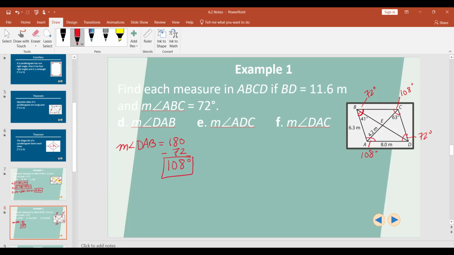ADC is the opposite to angle ABC. So that means the measurement of angle ADC is equal to 72 degrees because it's opposite of what was given. And then the last one, DAC, we also know measurement of angle DAC is 108 as well.